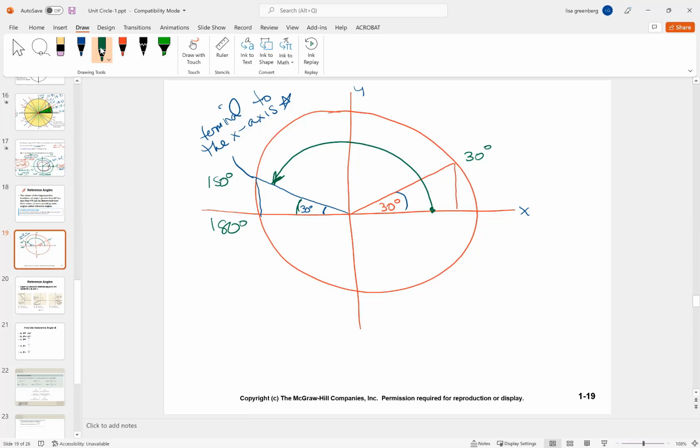So you do it to the closest x-axis. So the reference angle is 30 degrees. It's always this angle. I'm going to write theta sub r, and theta sub r is going to be my reference angle.